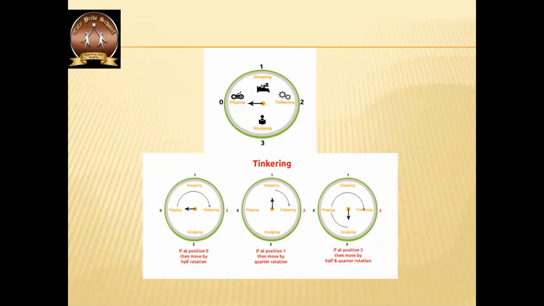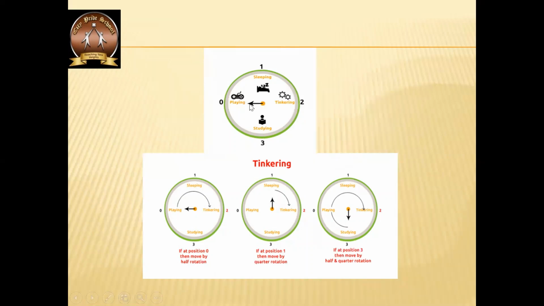Now let us discuss how we are going to display the activity which we are doing. We are going to use variables in today's session. We are going to define a variable and give a value to each activity. For example, playing 0, sleeping 1, tinkering 2, and studying 3.